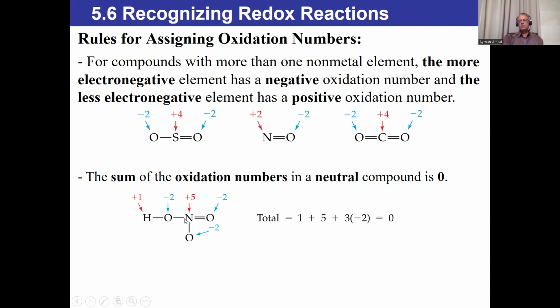Total +1 from hydrogen, +5 from nitrogen, neutralized by 3 oxygens, 3 multiplied by -2 is -6. +6 and -6, the net is 0. So the general statement: the sum of the oxidation numbers in a neutral compound is 0.